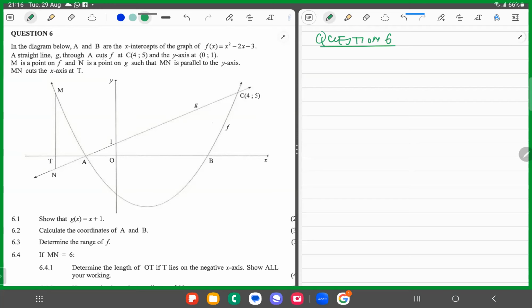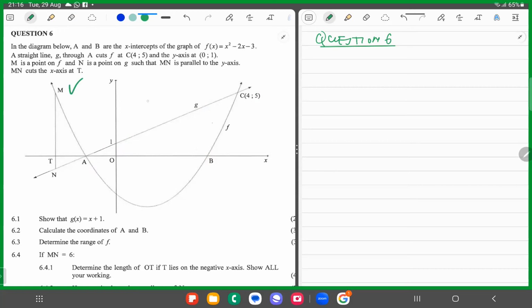In the diagram below, you have A and B. A and B are the intercepts of the graph of f, and the straight line G through A cuts f at C and the y-axis at 0, 1. M is a point on f. Where is M now?